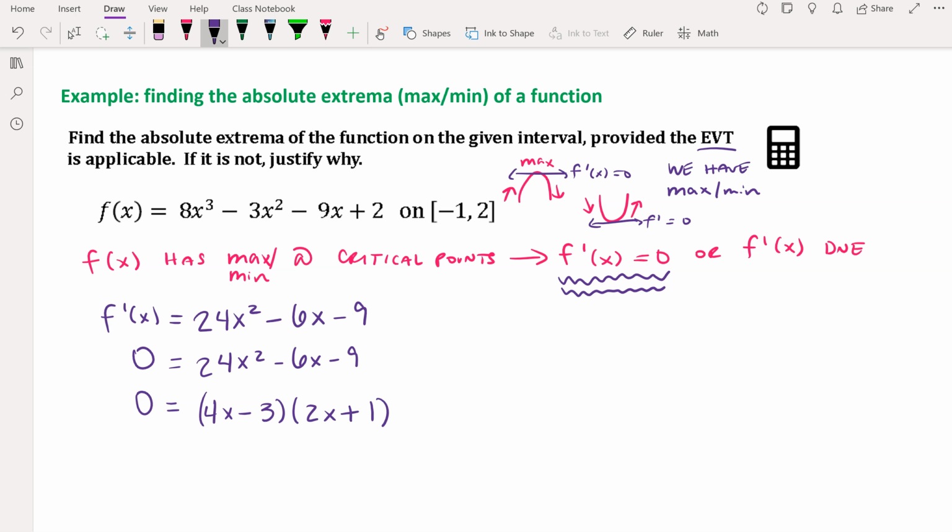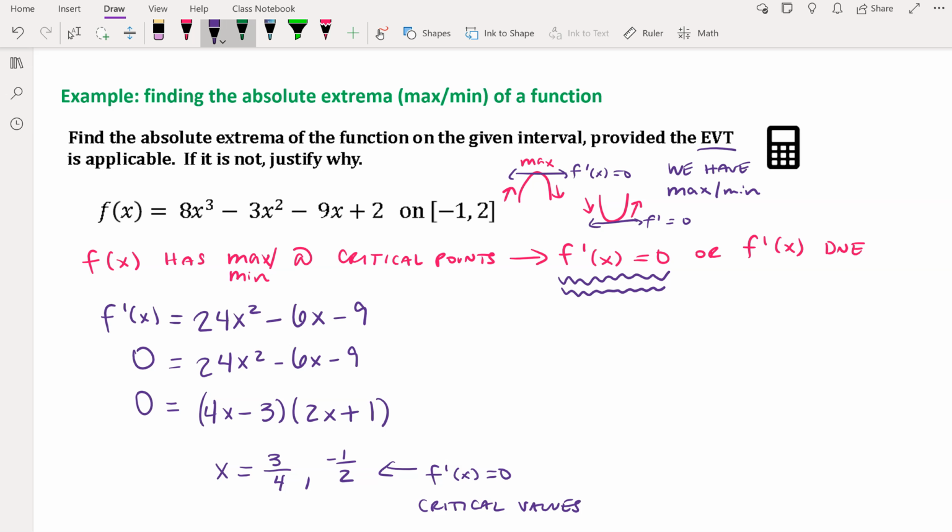So now that we've got those factors, let's solve. What are my x's where f prime equals 0? x equals 3/4 and -1/2. These are the x values where f prime of x equals 0. These are critical values, sorry, the point is at those x values.